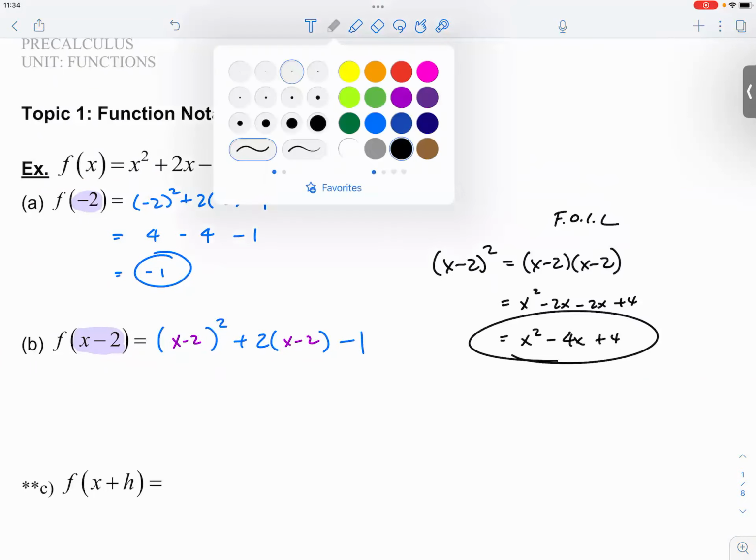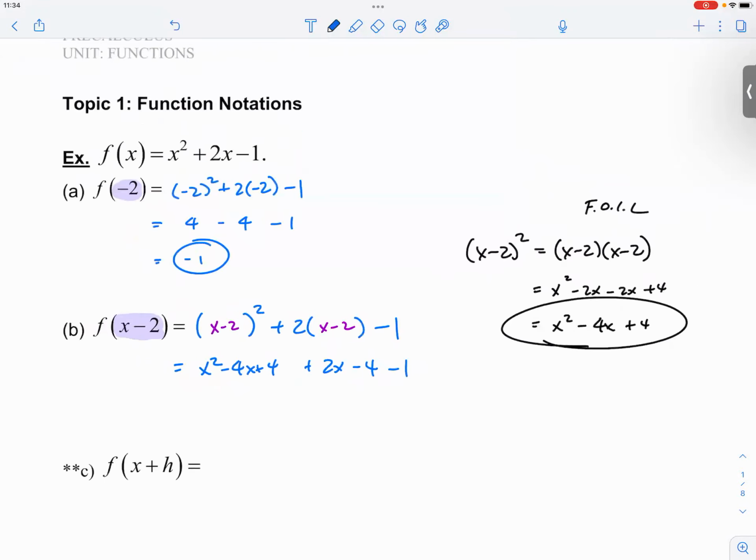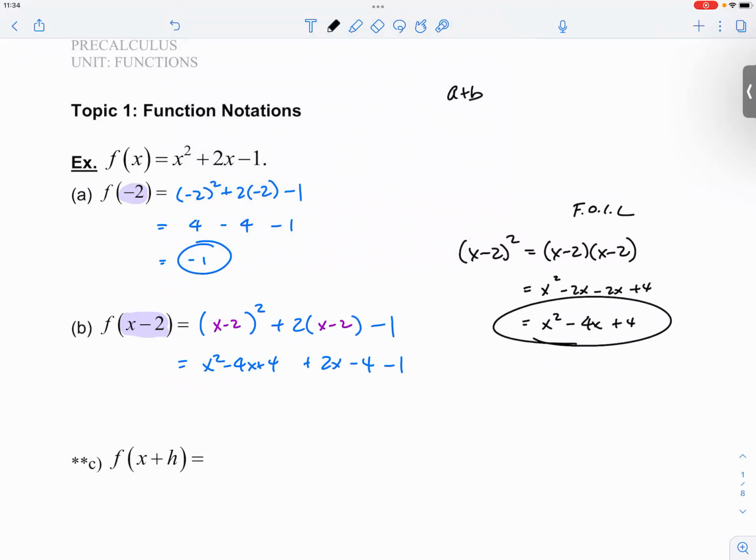So we have x squared minus 4x plus 4, and then plus 2x minus 4 plus 1, minus 1, sorry. By the way, if you are taking the SAT, I would strongly urge you to be very proficient in this identity: (a plus b) squared is a squared plus 2ab plus b squared, and (a minus b) squared is a squared minus 2ab plus b squared.